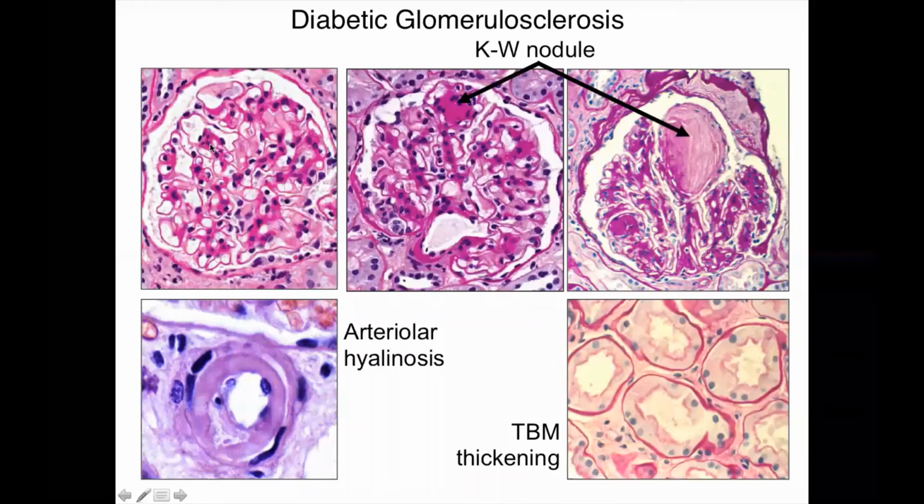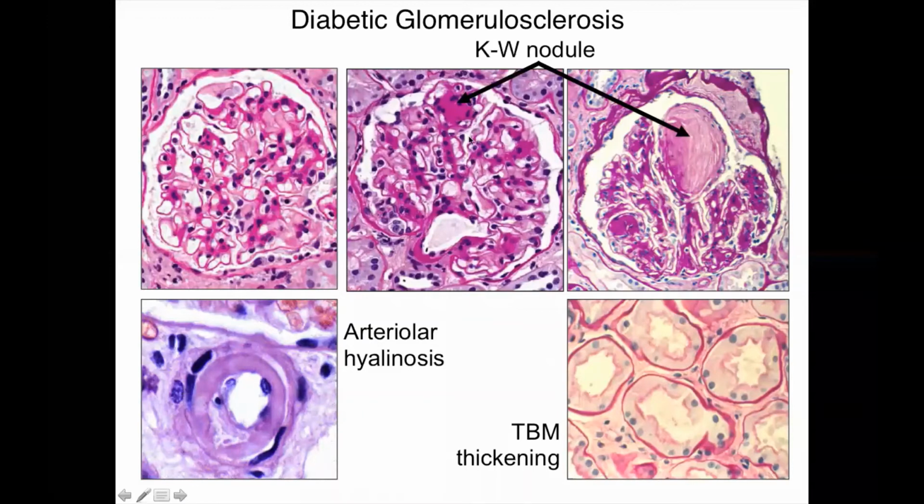Then we get what is known as mesangial expansion. The mesangium gets a bit bigger because of thickening and hyalinization and hyalinosis of the blood vessels. As it progresses further, we start to get mesangial nodules.